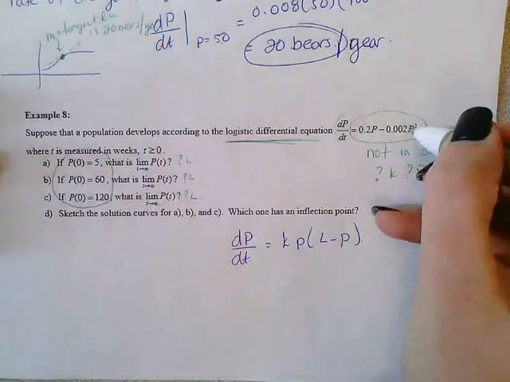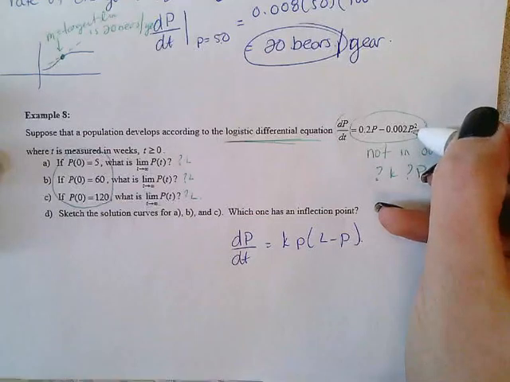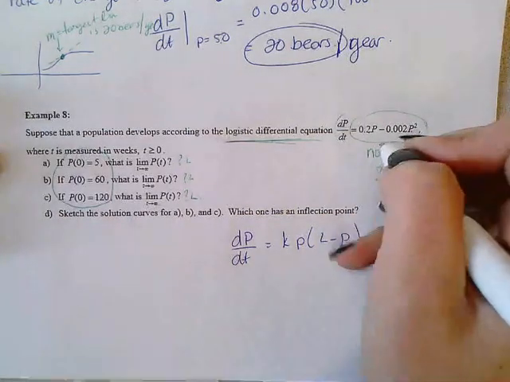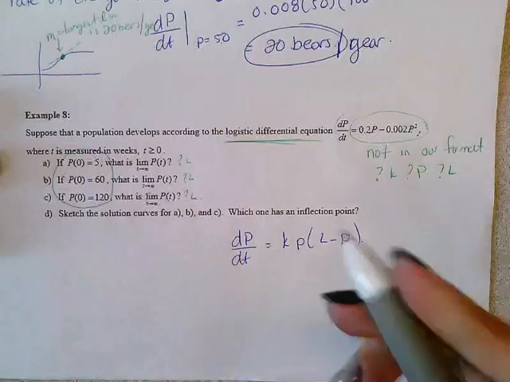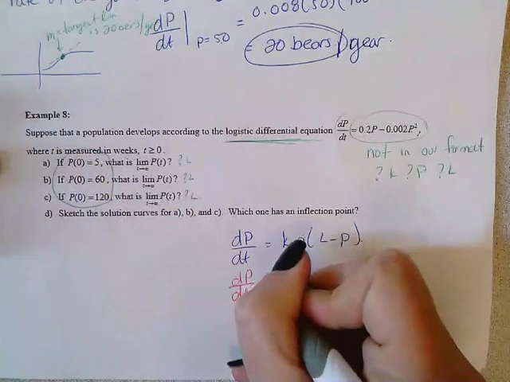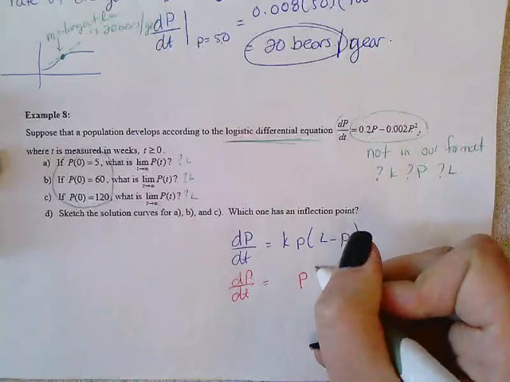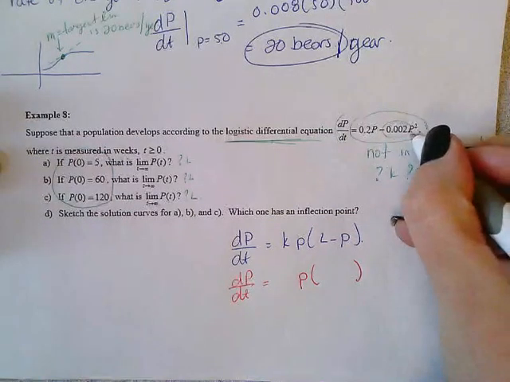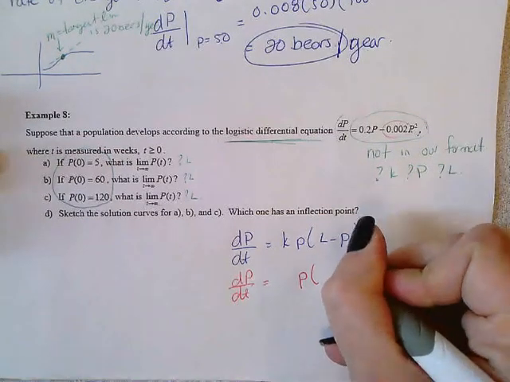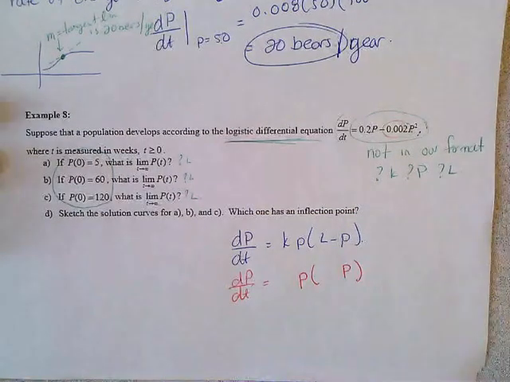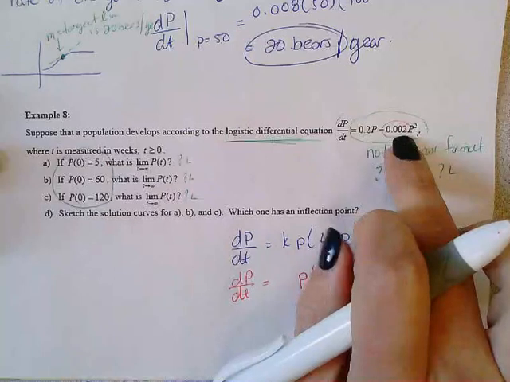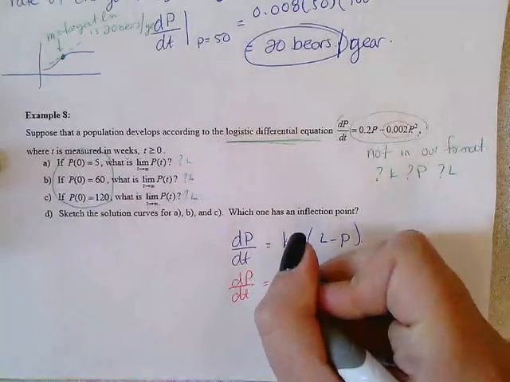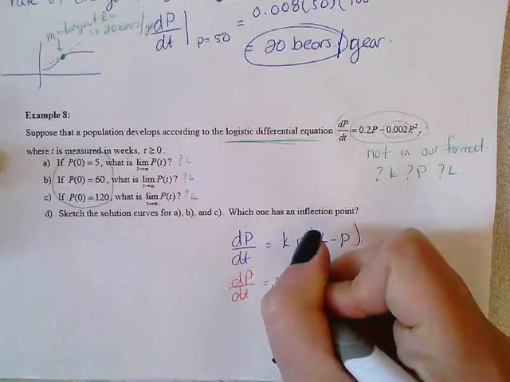So basically we want to factor out a P. So dP/dt is equal to P times something, and we want to factor out a number that will keep the second part, P, by itself, so that I can solve for whatever my L is. The only way I can keep P by itself to make it look like this format is if I factor out a 0.002.